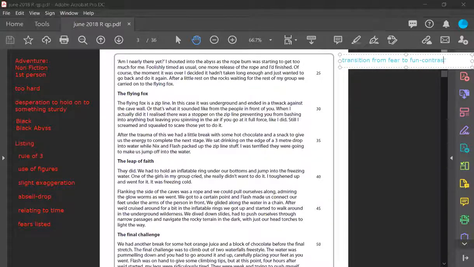This contrast of feelings is first the fear, where she is asking if they are nearly there yet or not. Her rope burn was hurting her. She wasn't being able to take it anymore. And the very next moment, she reached ground and was happy because she wanted to do it all over again. Right? So it's a contrast of feelings, a transition from fear to fun that is very beautifully shown in this paragraph.